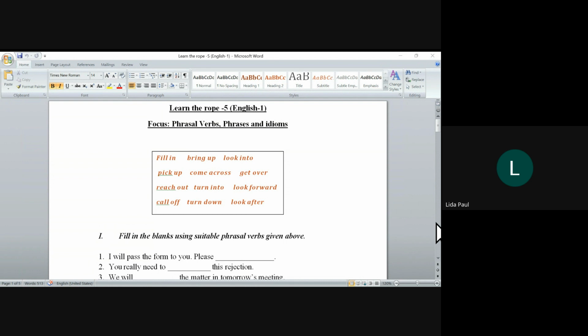If I change the subject to I or he or she, will there be any change in this? Will there be any change in "come across" if I change the subject to I?